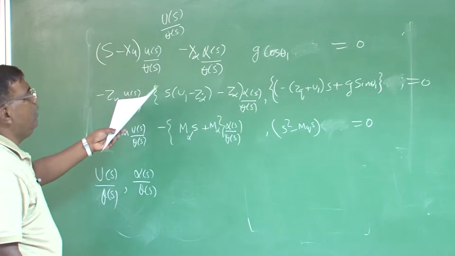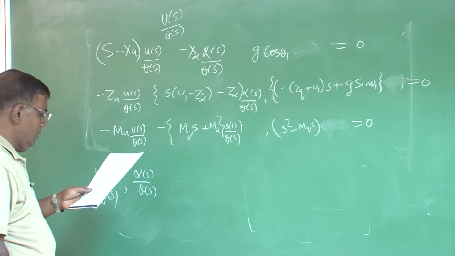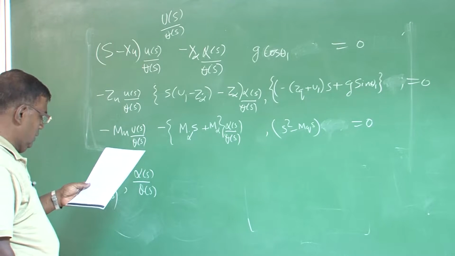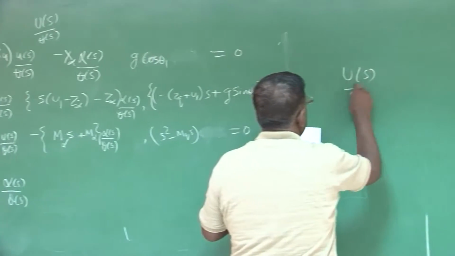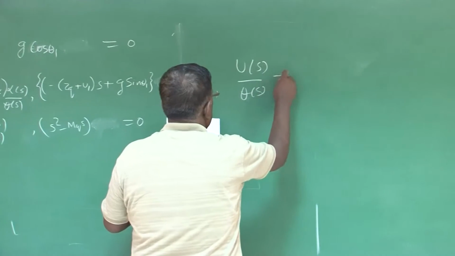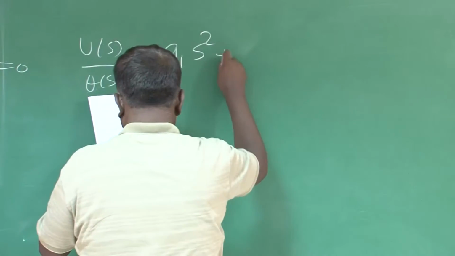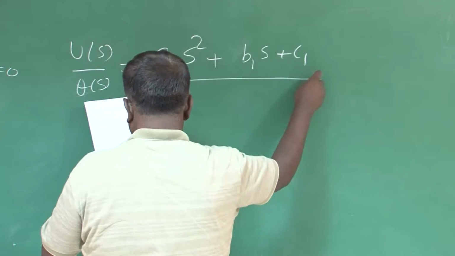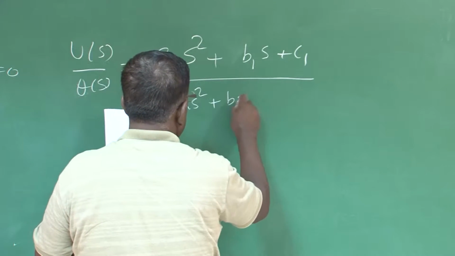And this you know how to solve. These are linear algebraic equations. If you try to find the expression, you can write u of s by theta of s in some general form, like this: a1 s square plus b1 s plus c1 by a s square plus b s plus c.